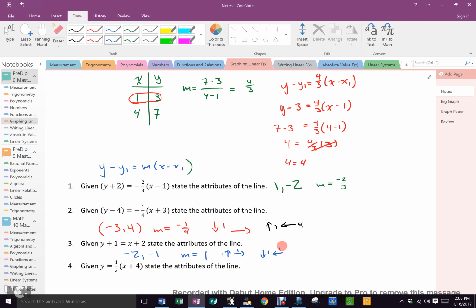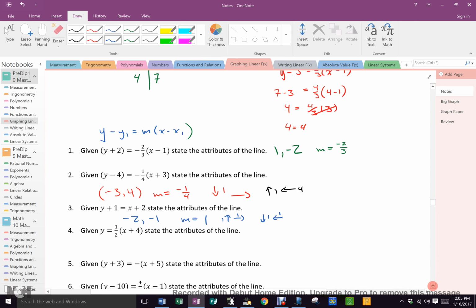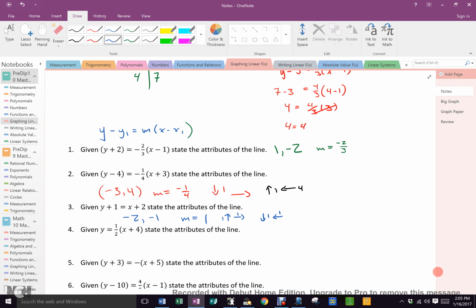All right. So look at the next one. The next one's also tricky because it looks slightly different. What is your starting point, do you think? Negative 4 and? 0, because there's nothing with y.